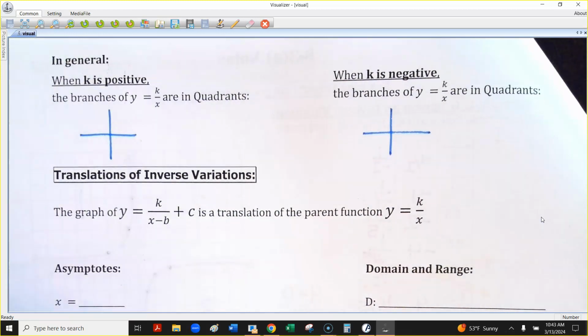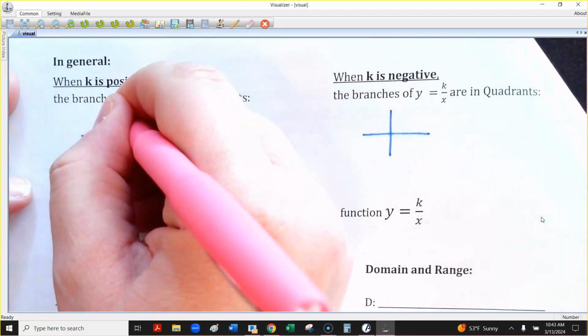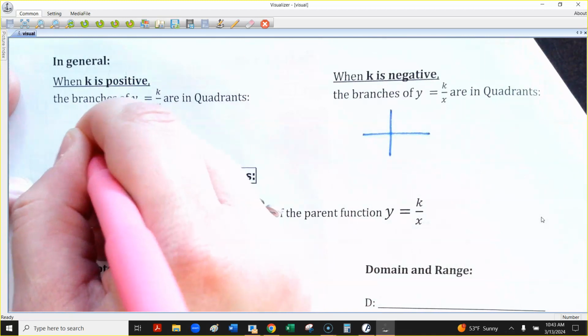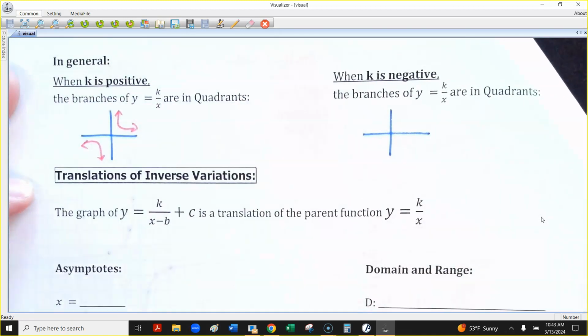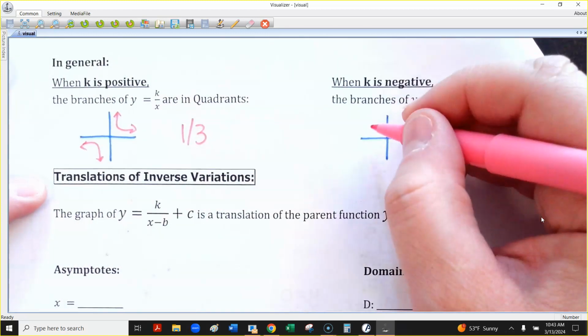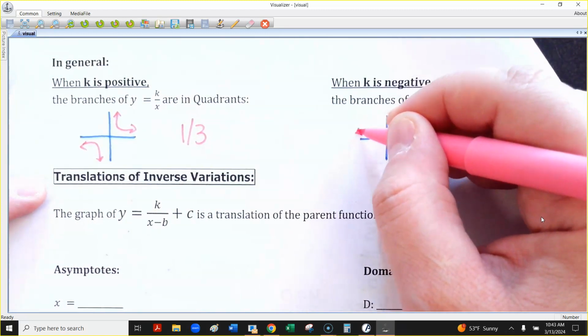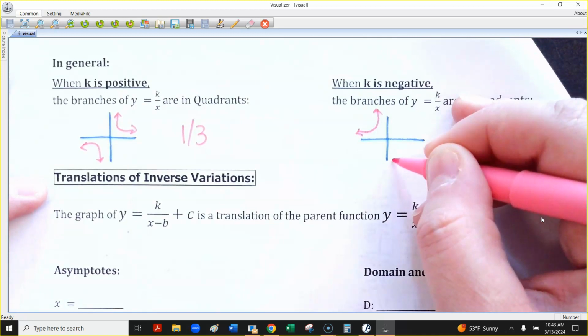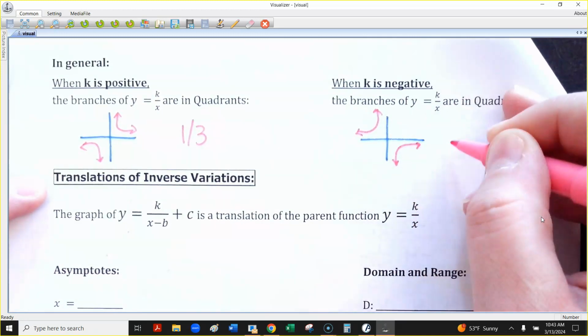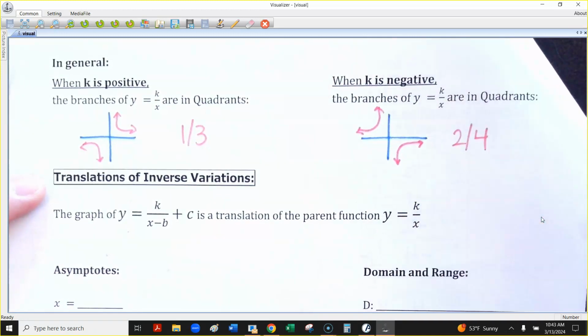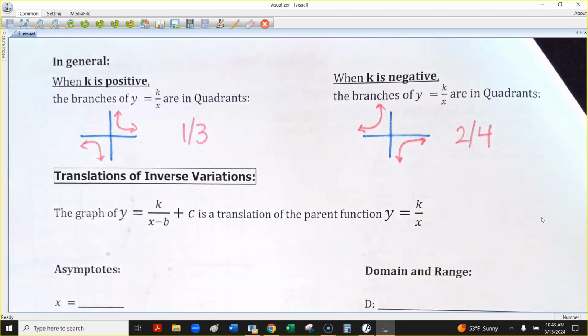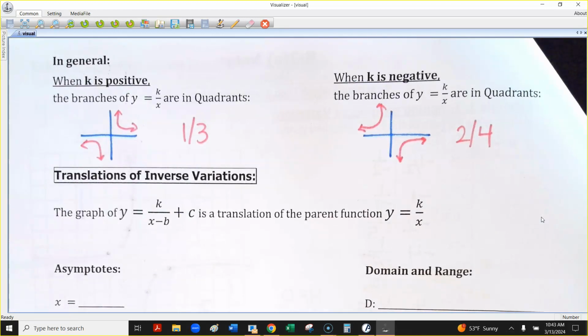So if the k value is positive, your 2 little branches are going to be in quadrants 1 and 3. If your 2 little branches are going to be in quadrants 2 and 4, then that means your k value is negative. Same shape, they just kind of hug into the origin, just a little curve right in there, stays in that quadrant. And I'm just going to look for a general shape.